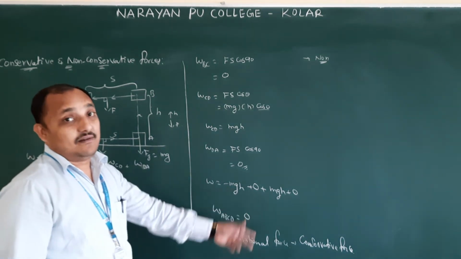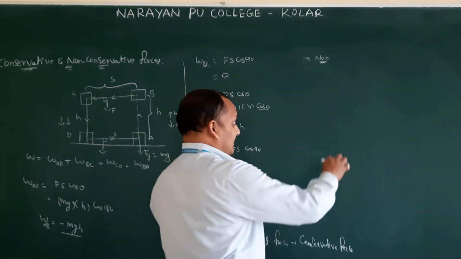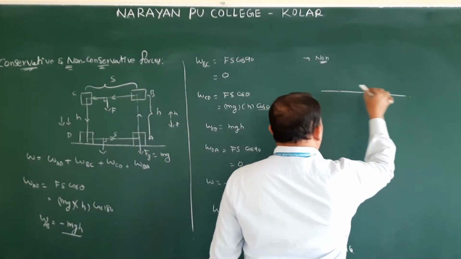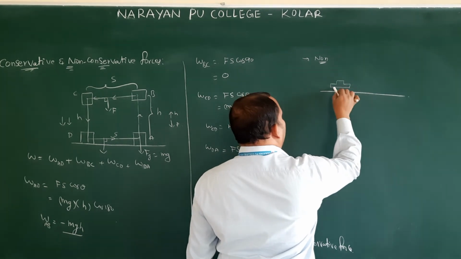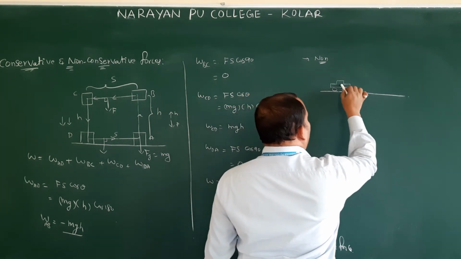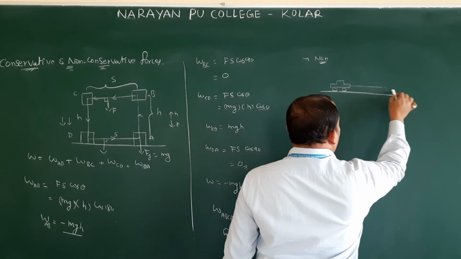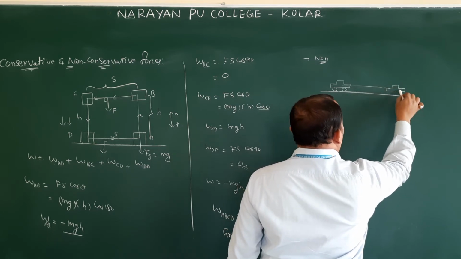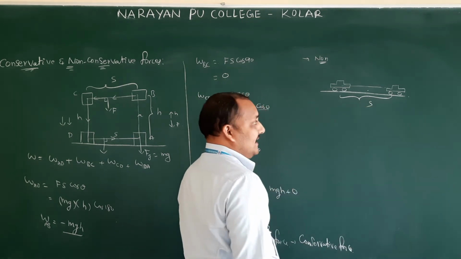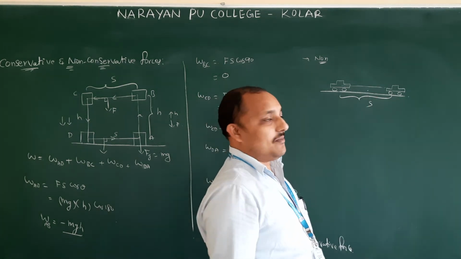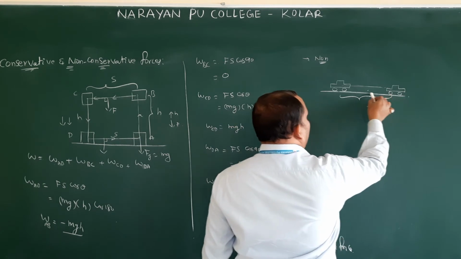So now, what is the example? Take a toy car or any object. This toy car is moving like this, and after some time it is here. It covers the displacement. After some time, it is going to stop. Stopped means because of which force?